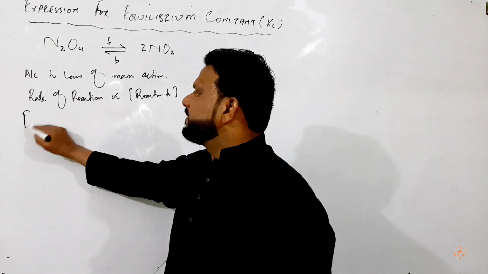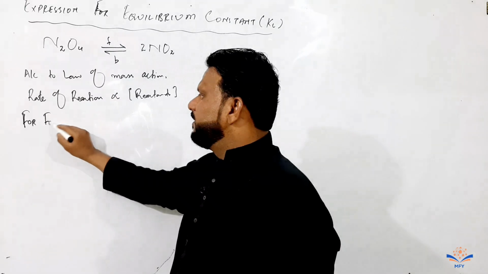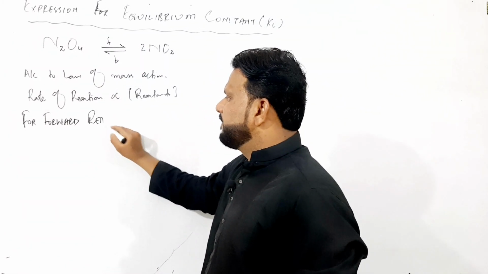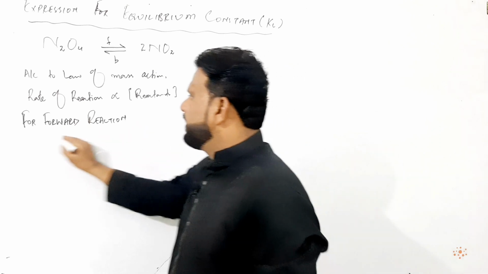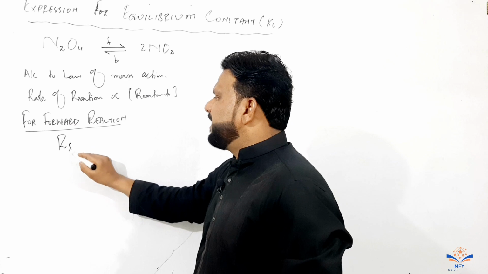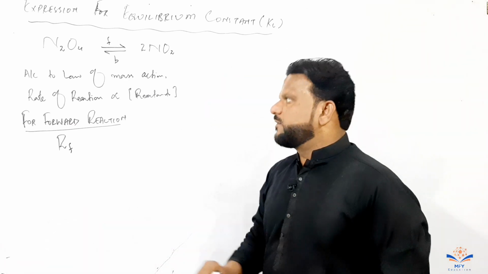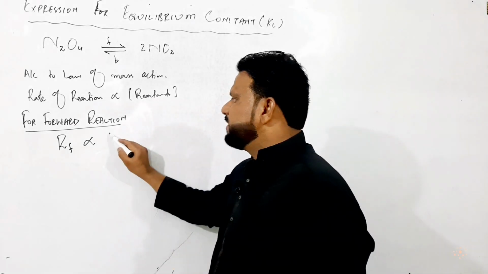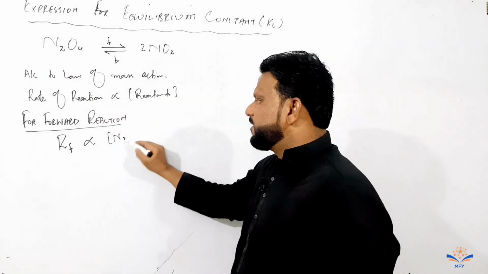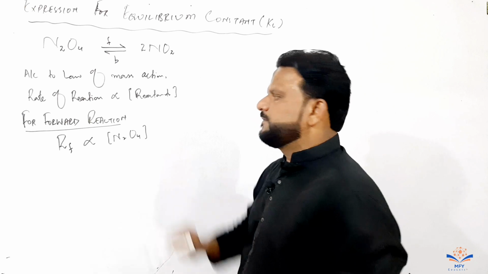For forward reaction, rate of forward reaction denoted by Rf. Rate of forward reaction is directly proportional to the active mass of reactant, that is dinitrogen tetraoxide.